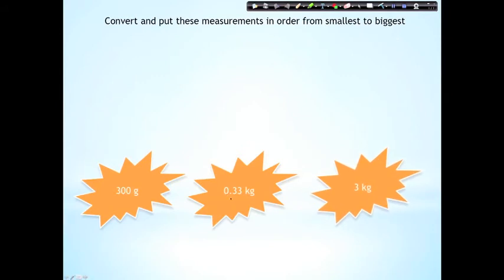If we just have a quick look, 0.33 kilos, we need to times that by 1,000. So 0.33 times 1,000, my 3 goes 1, 2, 3 places to the left, so that's going to be 330.